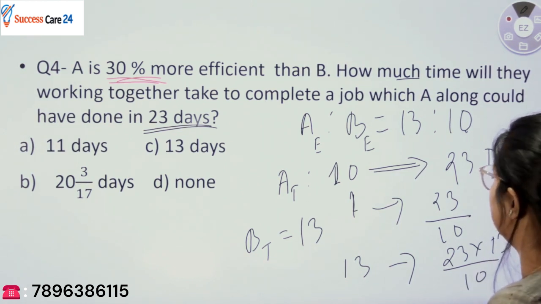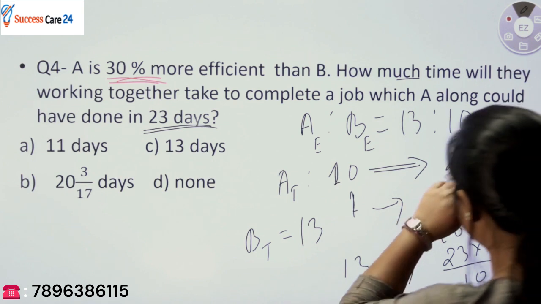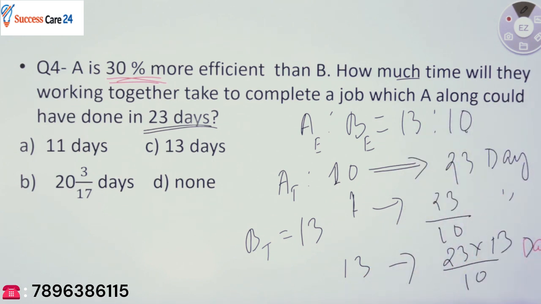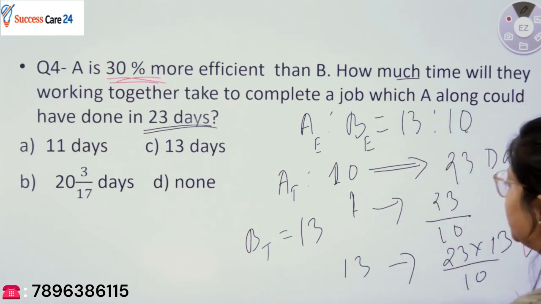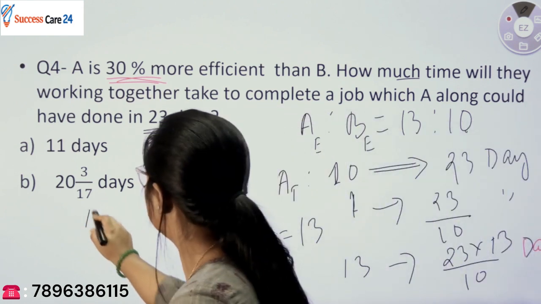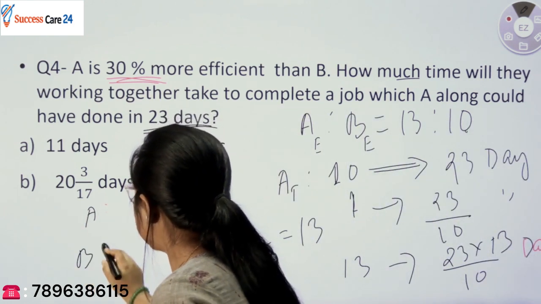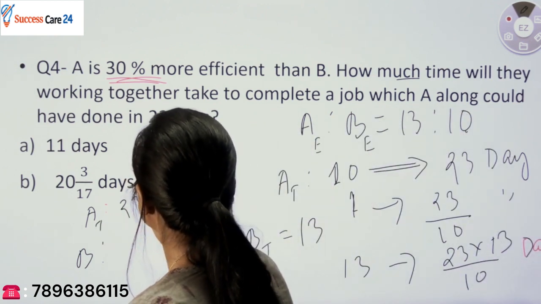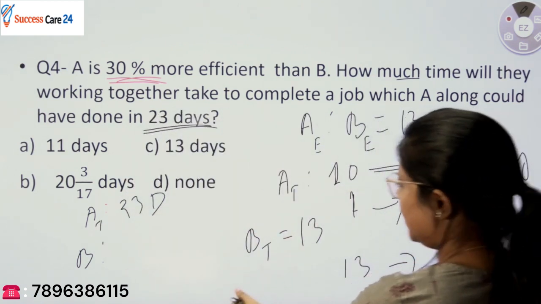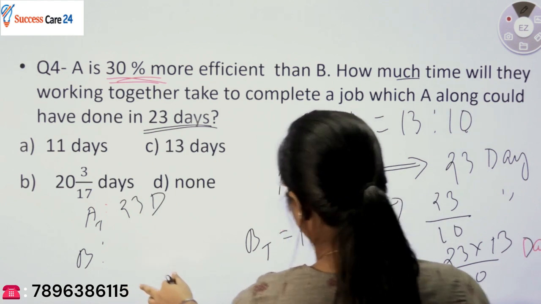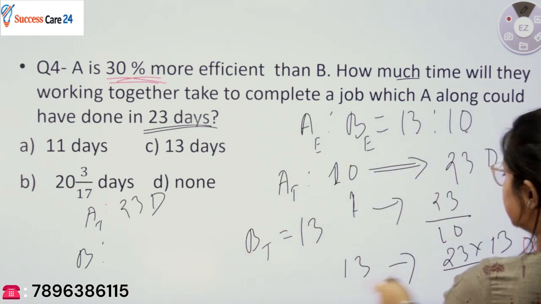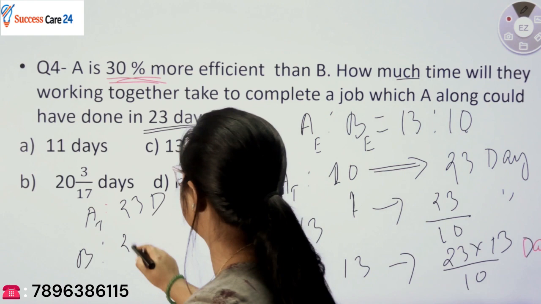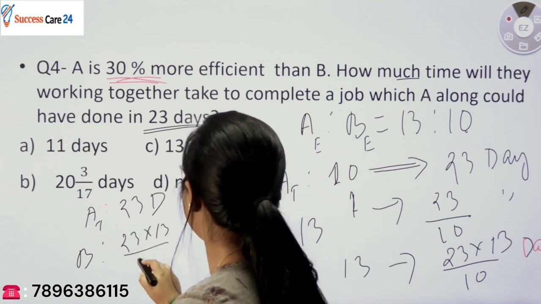Okay, fine. So from here what can we do? Now we can take those values. Time taken by A is 23 days, and the actual number of days of B would be 23 into 13 by 10 days.